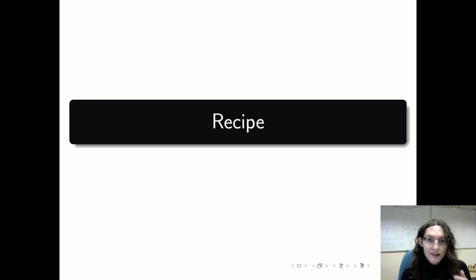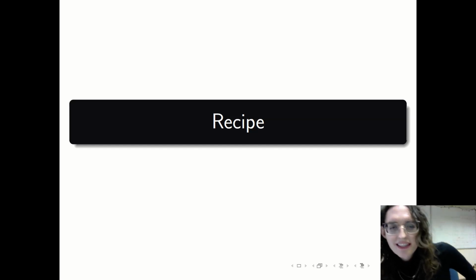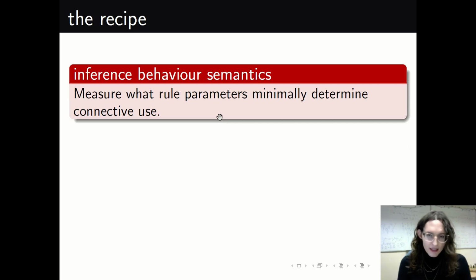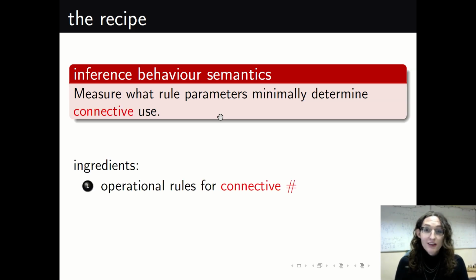So let's start off with a general recipe for how to make ourselves inference behavior semantics. Remember, the main idea was we want to measure what rule parameters minimally determine the way we use connectives. Now, in order to do this measurement, we'll need three ingredients. Firstly, we'll need a connective as it's defined by its operational rules. And I will be using hash as a general symbol for any arbitrary connective we're talking about.